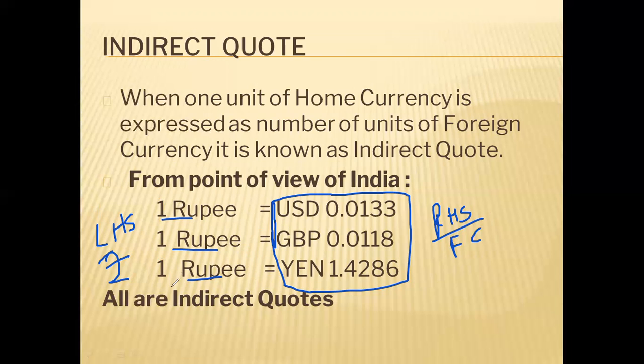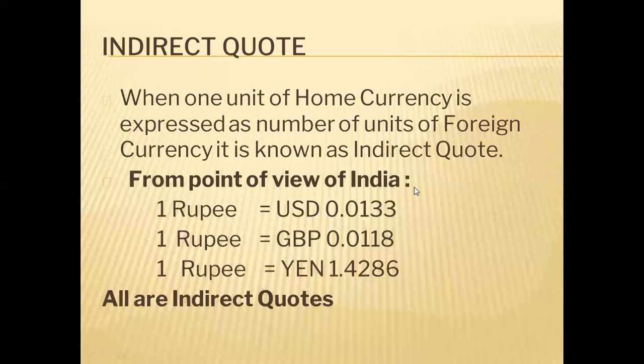So left hand side home currency, right hand side foreign currency, this quote will be known as an indirect quote. The definition for indirect quote is 1 unit of home currency in terms of number of units of foreign currency. But for understanding, you can remember: on the left hand side home currency rupee and on the right hand side foreign currency, that quote will be known as an indirect quote.